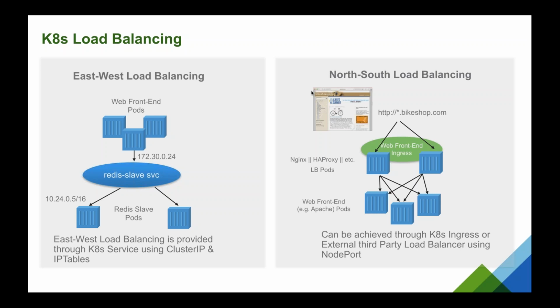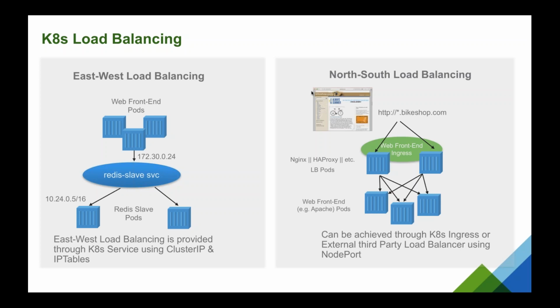So if the web front-end pod sends traffic, or first of all, does a DNS request, it gets that IP address, then it sends the traffic to that IP address, to that cluster IP. And then, as you will see in the next slide, iptables takes care of removing that IP address, selecting one of the real endpoints, one of the real pods, and sending the traffic to it. Again, I have a separate slide to make that more colorful in the next slide.